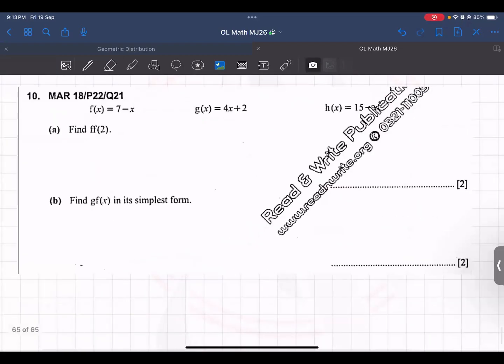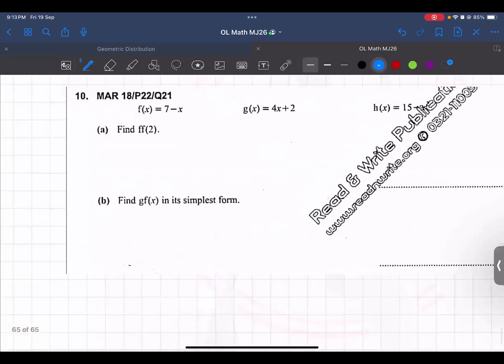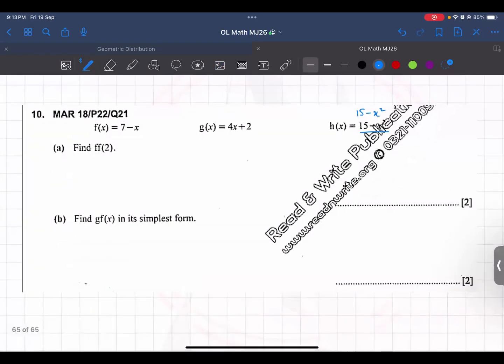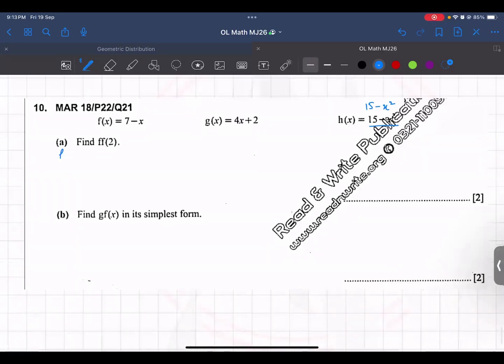So they have given you fx, gx, and hx. This hx is 12 minus x square, I think. They're asking you to find f of f2. So this is f, and inside the f you have f2.